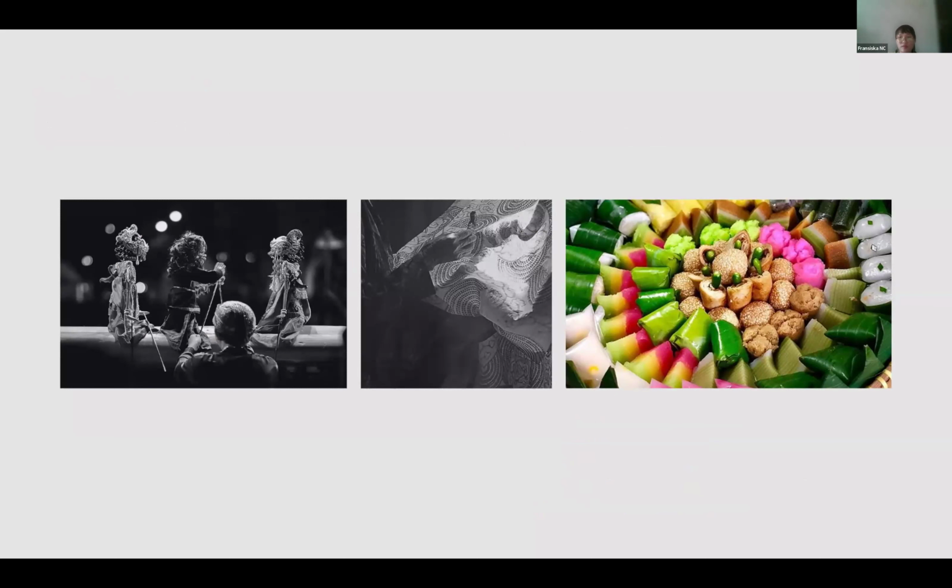The similarity is that they are culture, and also a form of art of Indonesia. What I would like to focus on in today's presentation is the centered theme of Indonesian traditional snacks.